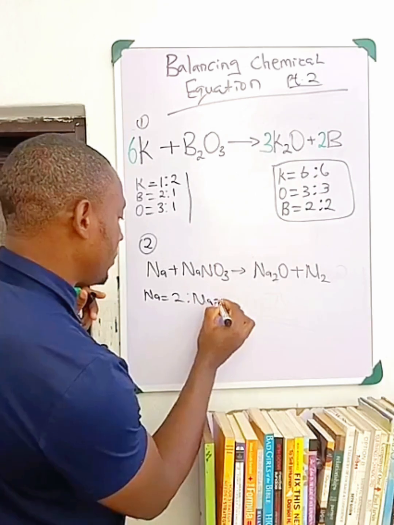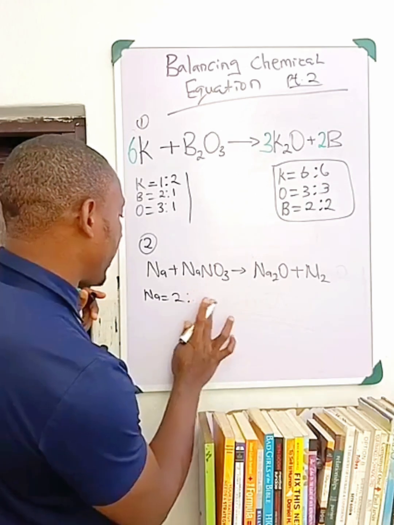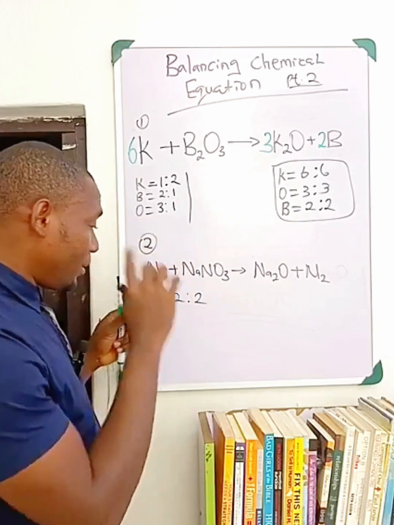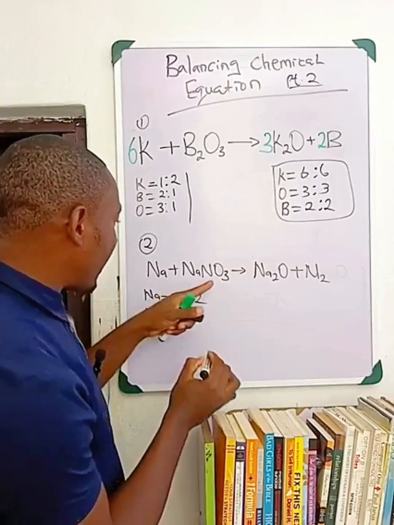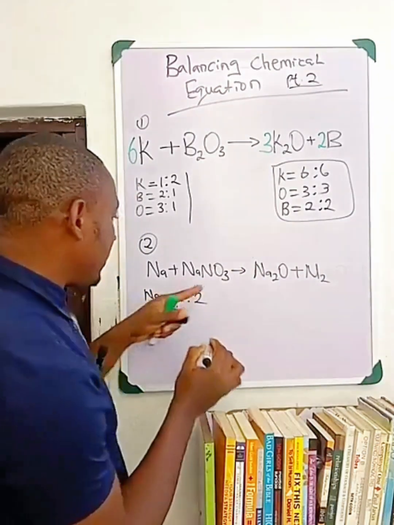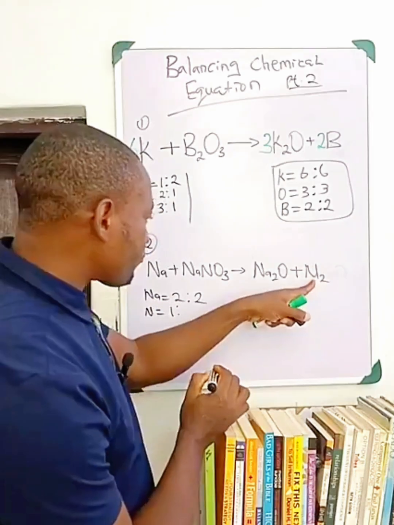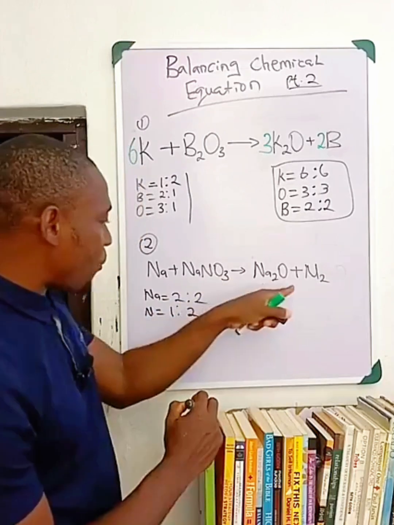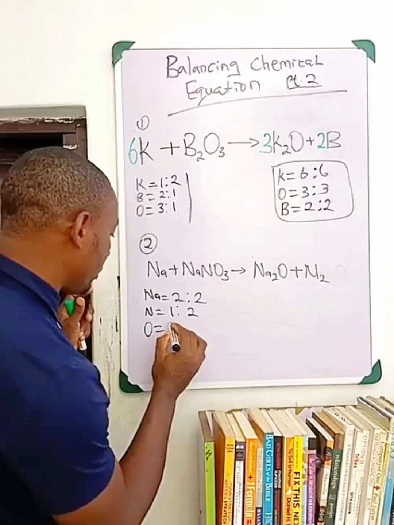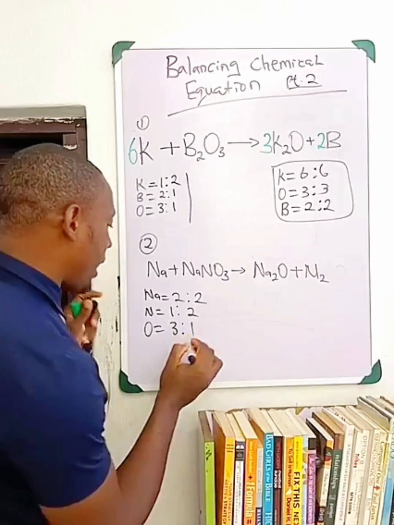So we can say 2 is to 2, right? Then how many nitrogen do we have? Nitrogen, we have 1 here. Nitrogen, we have 2 the other side. How many oxygen? We have 3 oxygen and 1 oxygen. So oxygen is 3 is to 1.